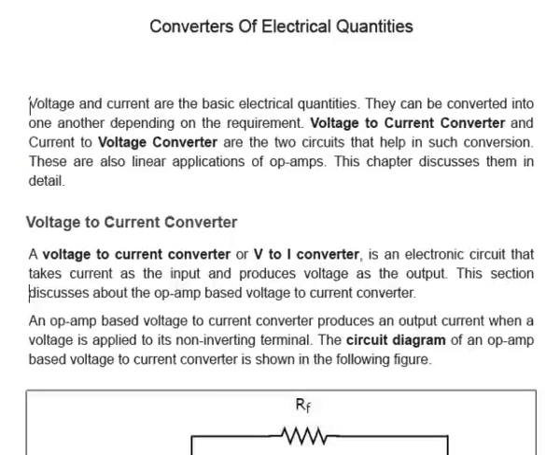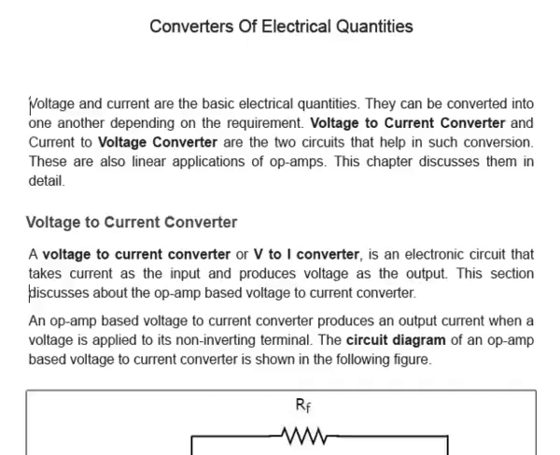So, converter of electrical quantities. Voltage and current are the basic electrical quantities. They can be converted into one another depending on the requirement.